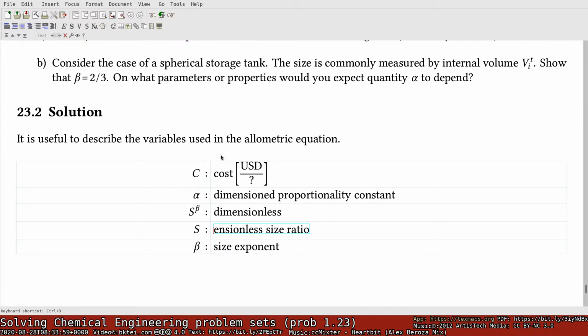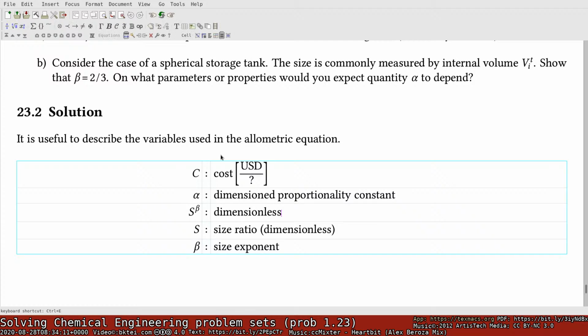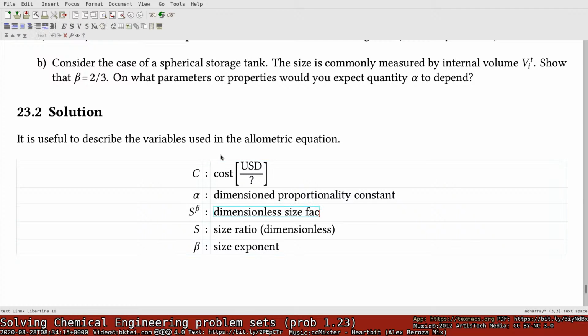Let's call this a size ratio, and we're going to specify that it is dimensionless, because otherwise it doesn't make sense. Dimensionless size factor.